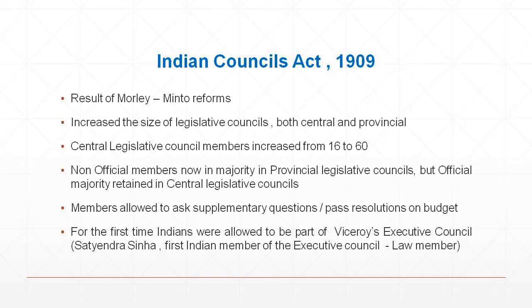It retained official majority in the Central Legislative Council but allowed the provincial legislative councils to have a non-official majority. Until 1892, we had official majority in both the Central Legislative Council and the Provincial Legislative Councils. But from 1909, you have non-official majority in the Provincial Legislative Councils.